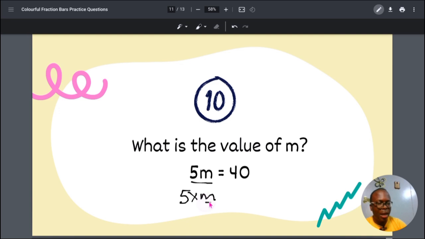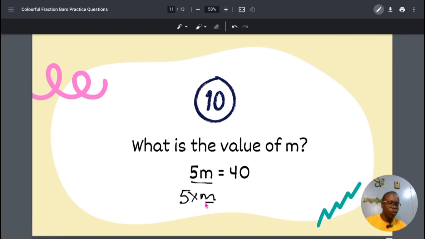We are using m here also because it's an unknown. We don't know the number that is supposed to be there. 5 is supposed to be multiplying a number, but we don't just want to leave the space, so we represent it with a letter. That is what algebra is all about.